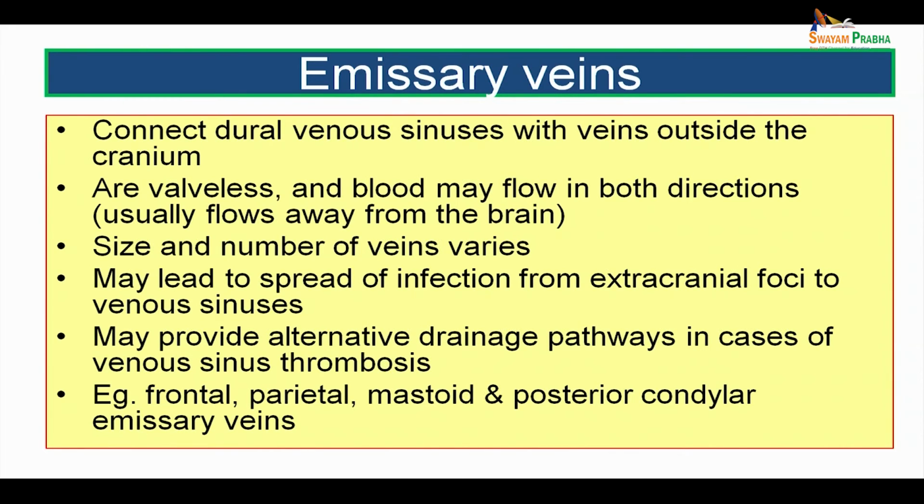This may lead to spread of infection from extracranial foci to venous sinuses. It may also provide alternative drainage pathways in cases of venous sinus thrombosis. Examples of these emissary veins are frontal, parietal, mastoid and posterior condylar emissary veins.